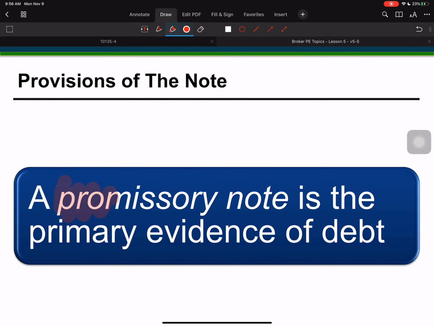A promissory note is the primary evidence of debt. So remember that as well. A promissory note is the promise to repay debt, and it is the primary evidence of debt.